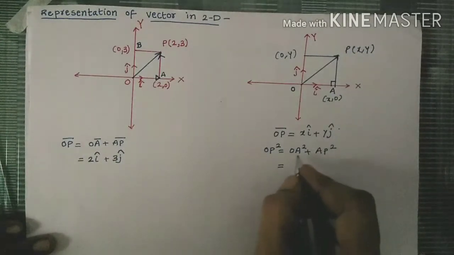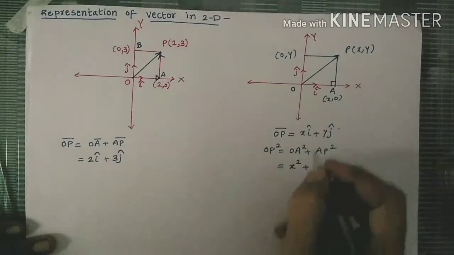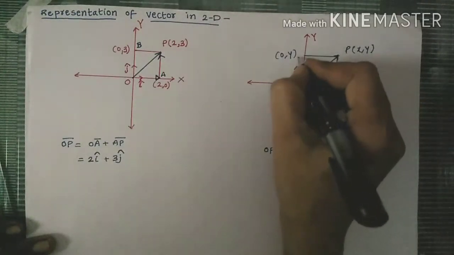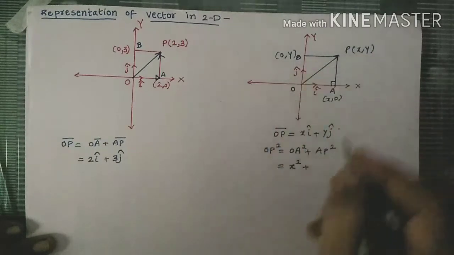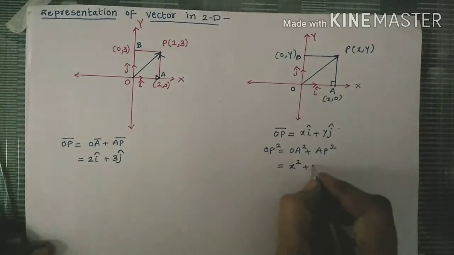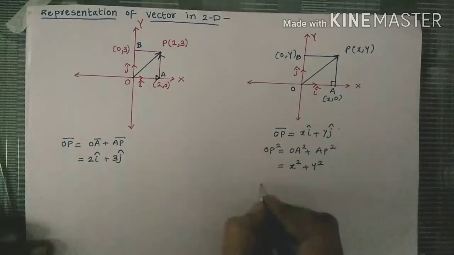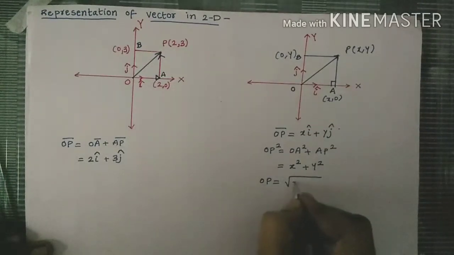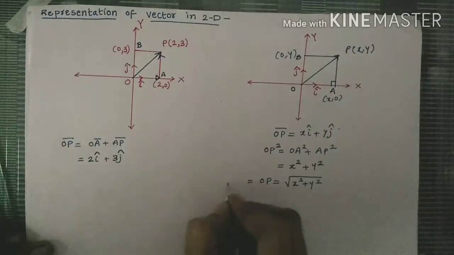So it is modulus of x, and squaring we get only positive value, that is x square, and AP square is equal to OB square. OB is modulus of y, as y may be positive or negative, so AP square will be y square. So OP is root x square plus y square. That is magnitude of OP bar.